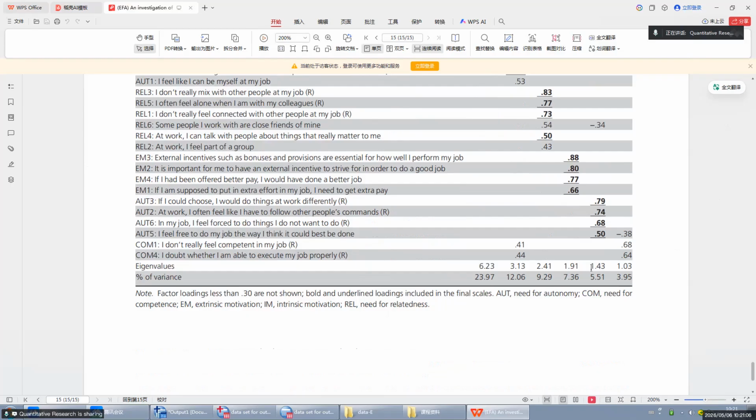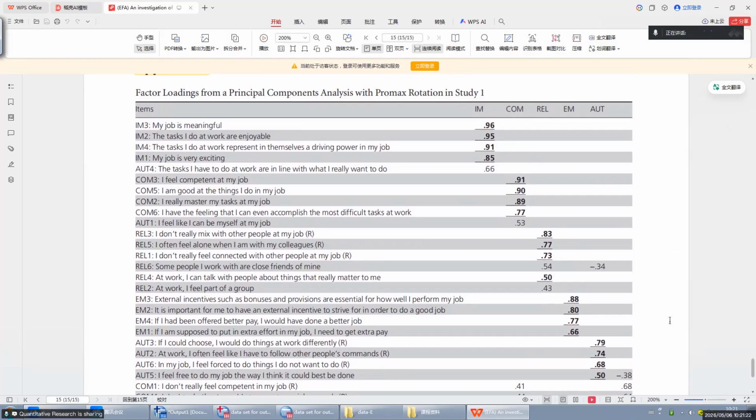Okay, you take a look at this one, this item. There is a cross-loading, right? It was removed, right? The cross-loading takes place between REL and AUT, right?